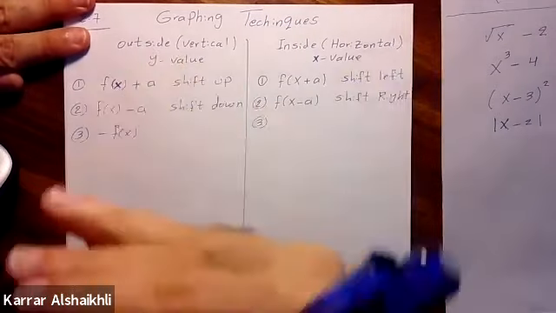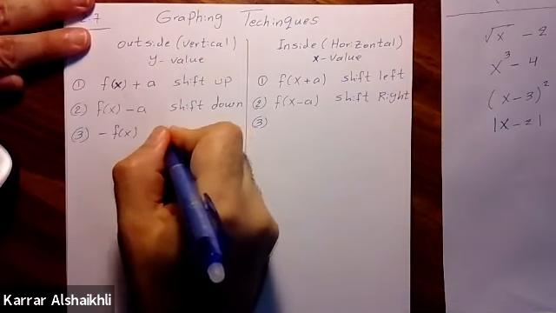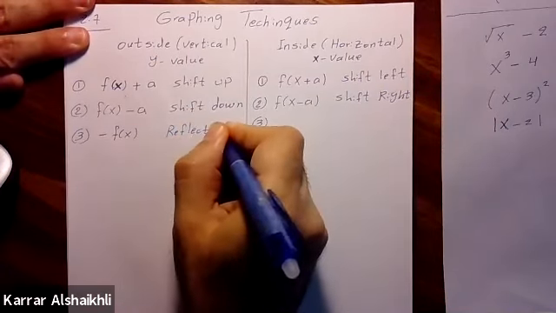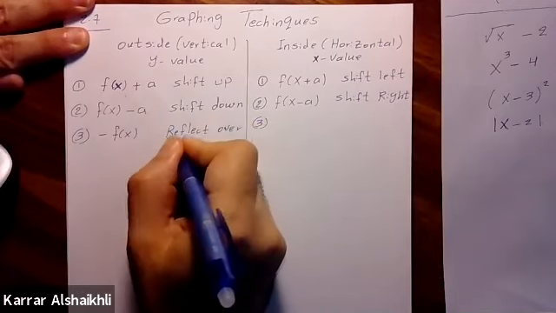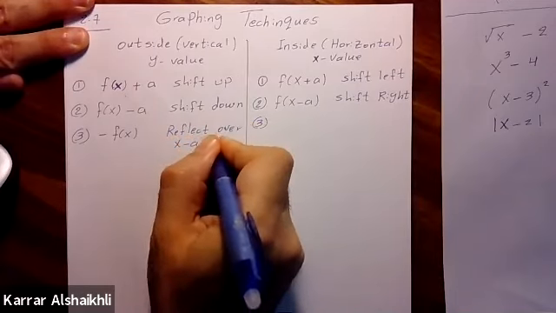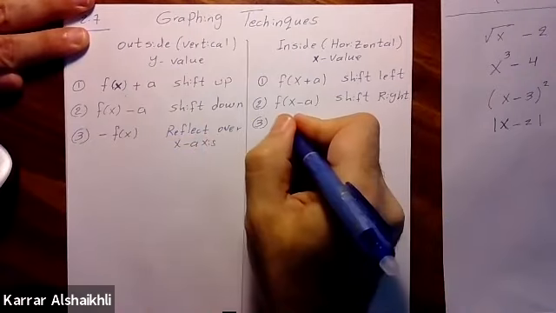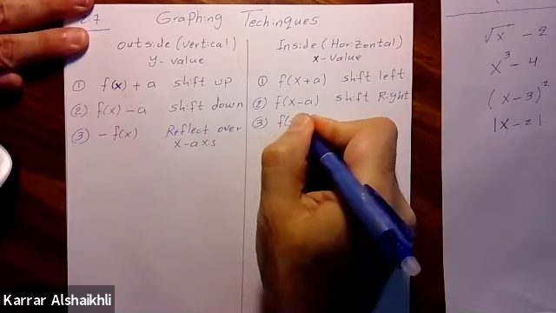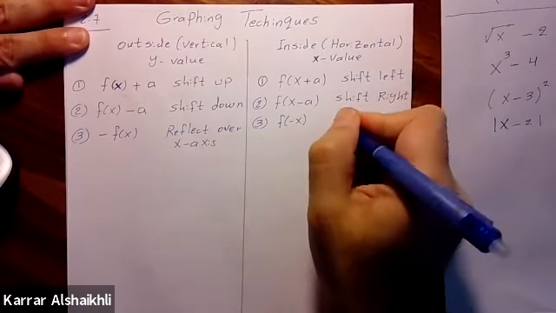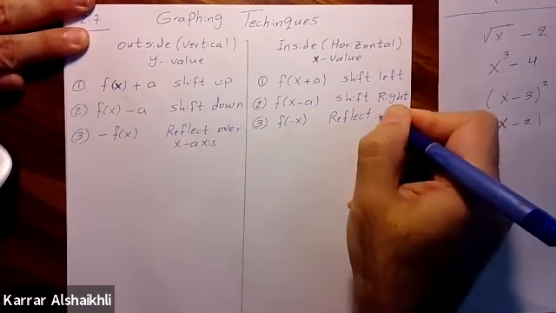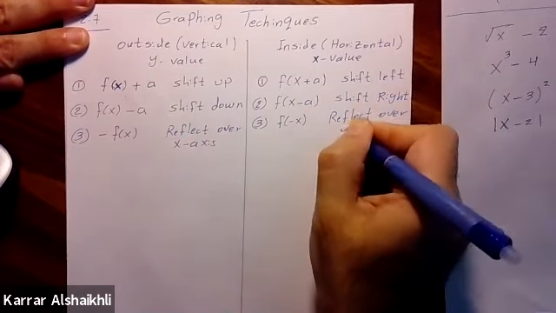That means you're going to reflect the function over the x-axis. If we have a negative sign inside the function, for example, like f of negative x, it's going to be reflect over the y-axis.